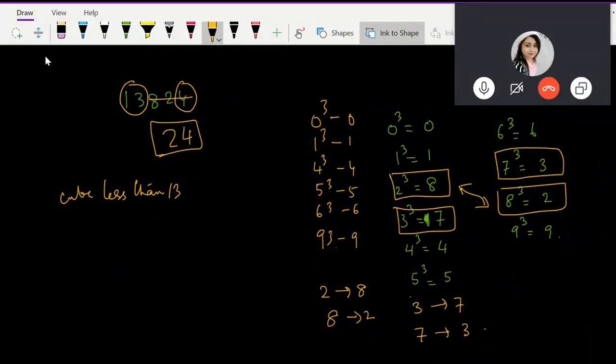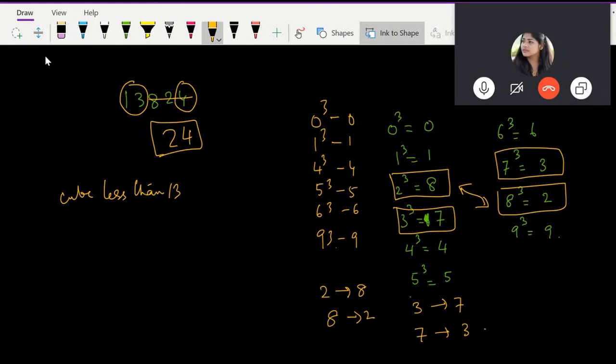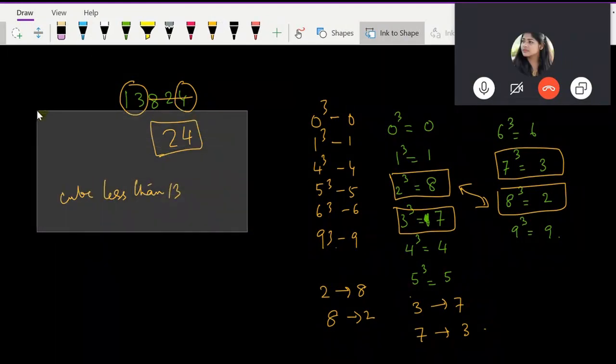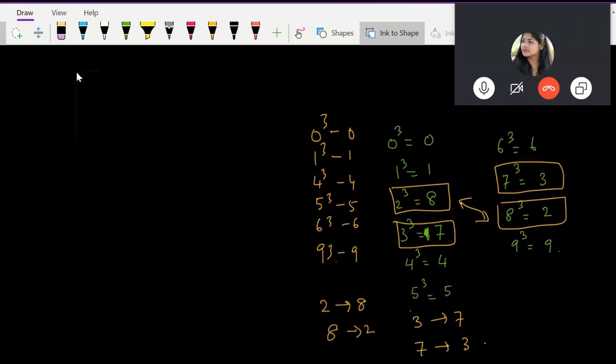Understood? Can you repeat? Sure. So I looked at 13824. I looked at the last digit, which is 4. What gives me 4? Only 4. So the last digit will definitely be 4.